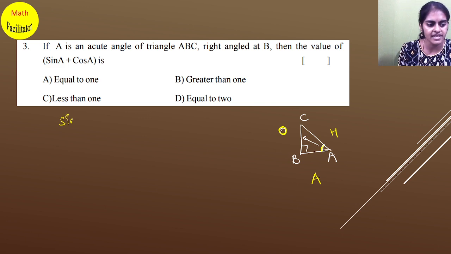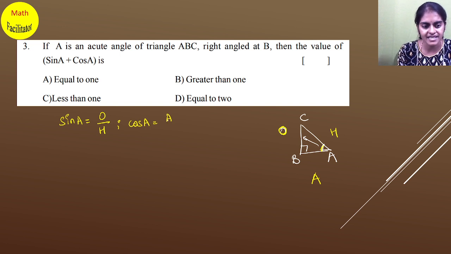So what is sin A? Sin A is nothing but opposite upon hypotenuse. Now what is cos A? Cos A is adjacent side upon the hypotenuse. So opposite side is BC divided by hypotenuse AC.